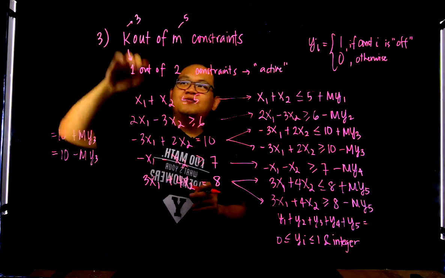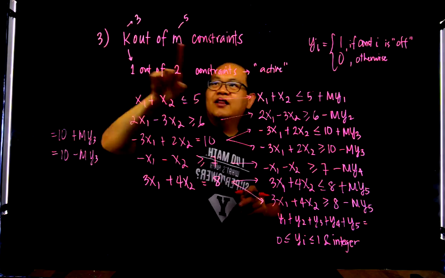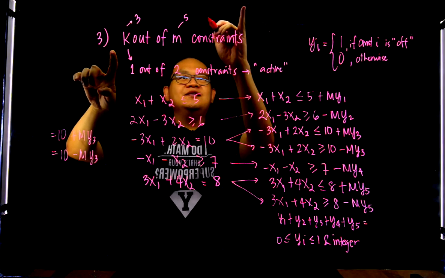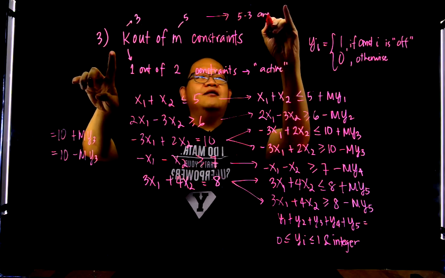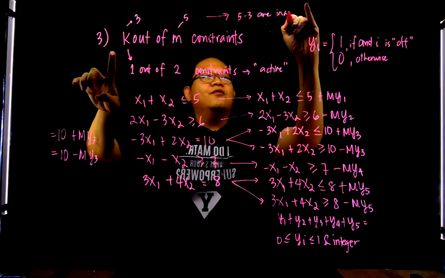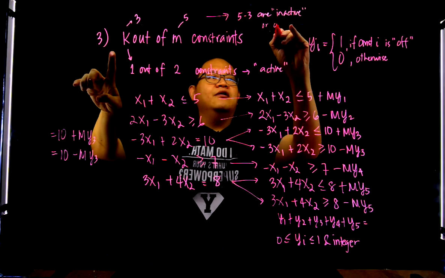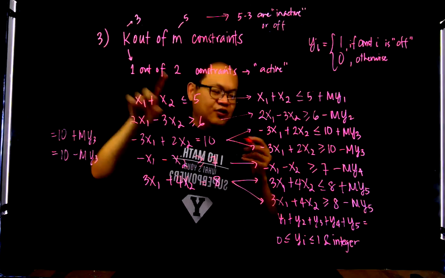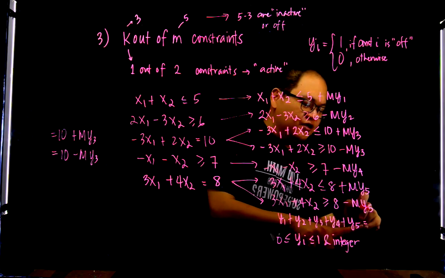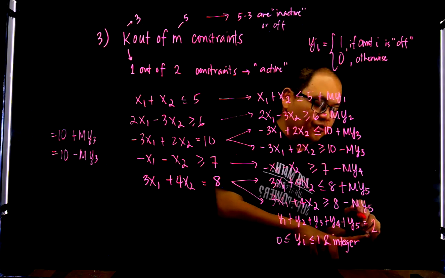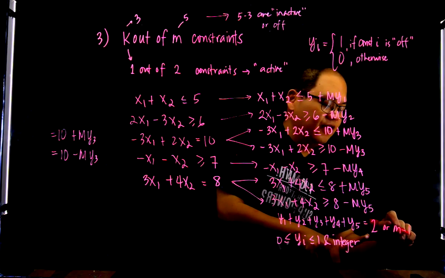However, in this case, because we have 3 out of 5 constraints active, this means 5 minus 3 are inactive or off. Which means the sum of y1, 2, 3, 4, and 5 should be equal to 2. Or, in general, this has to be M minus K.